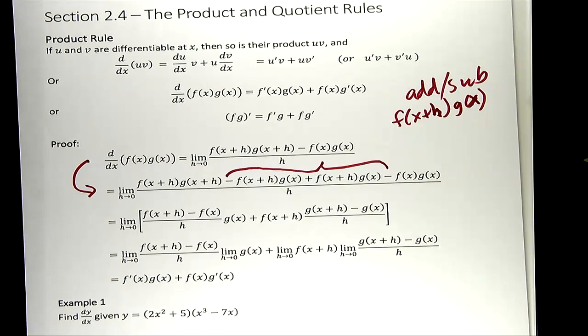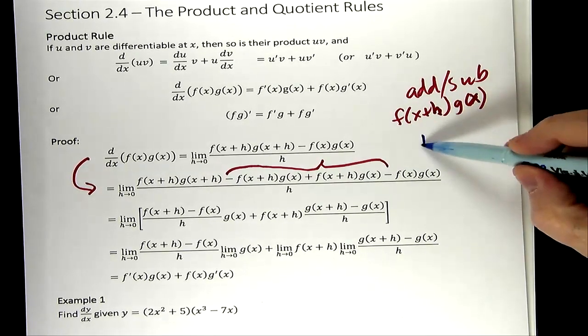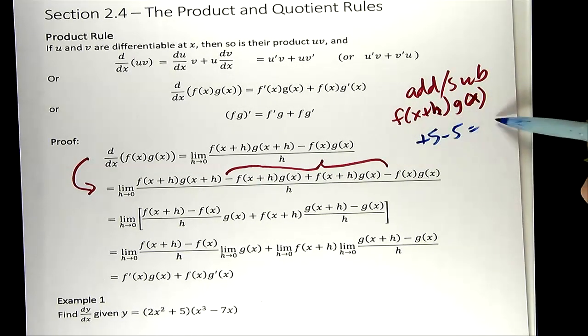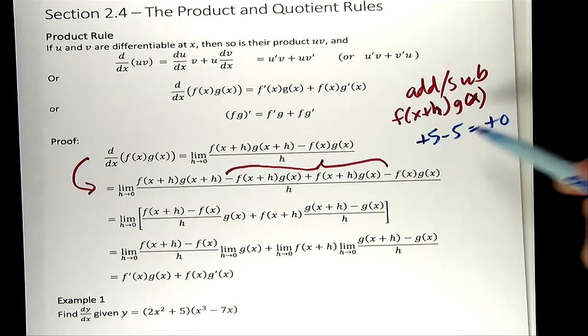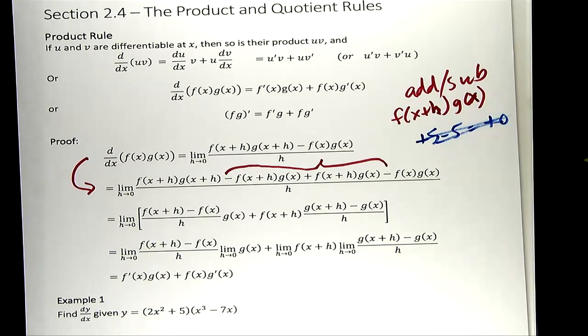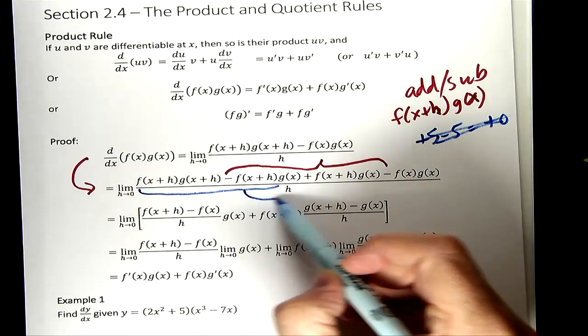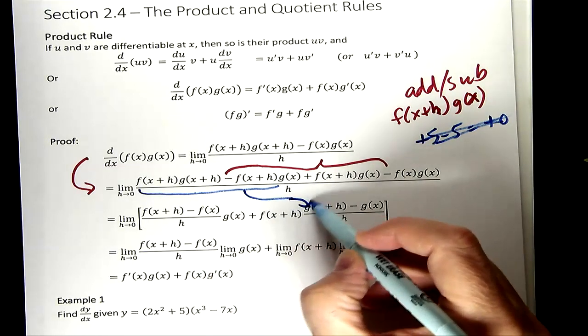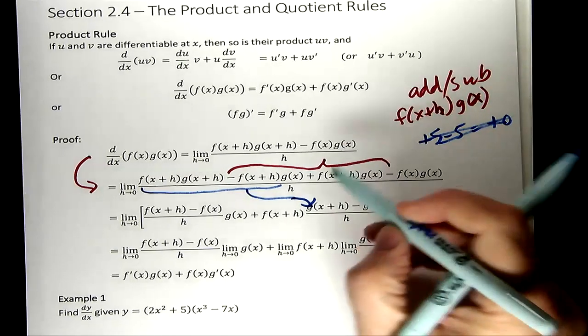Okay, so those of you that are writing it down, in the red spot, I showed the difference between those two lines. We added and subtracted f of x plus h times g of x. Because that's like saying, if we add 5 and subtract 5, we've effectively added 0 and we haven't changed the problem. That's the idea. Then these two are broken up and put over here, and these two are split off and put in the front.